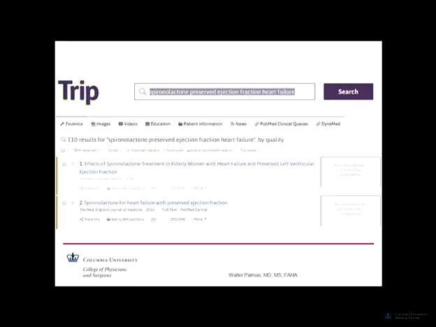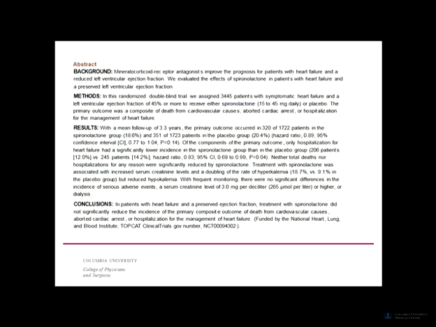So TRIP actually also gave it to me in second place, not in the first. By the way, this is a subgroup analysis from the study, but I didn't want to go into that. I wanted to have the results of the main RCT. So this is the abstract from the original TOPCAT paper, and this is essentially what I was looking for.